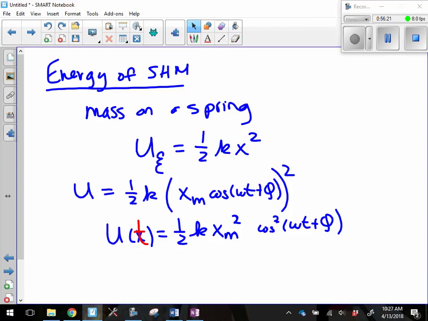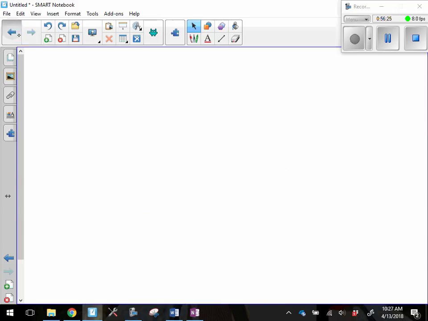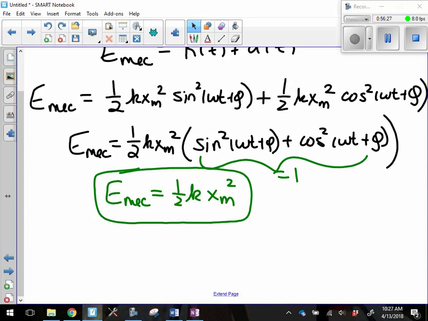Okay. So it's u of t, right? So even though u and k are changing as the box on the spring moves back and forth, or as the pendulum moves, that total energy is going to be the same, and it's a function of xm, which kind of makes sense.